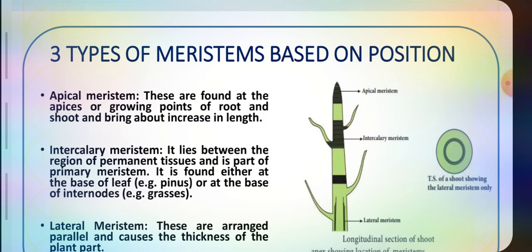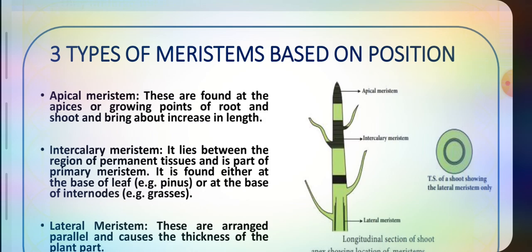So when they say they are not going to divide, they become permanent cells or tissues like parenchyma, sclerenchyma, collenchyma. So this intercalary meristem is found between the permanent tissues and is part of the primary meristem.